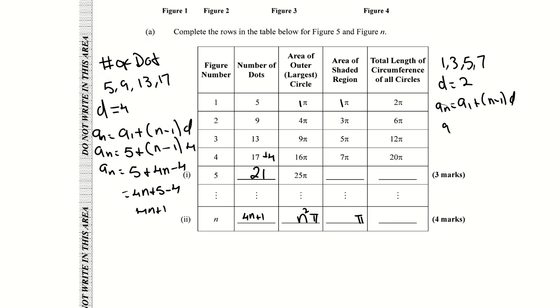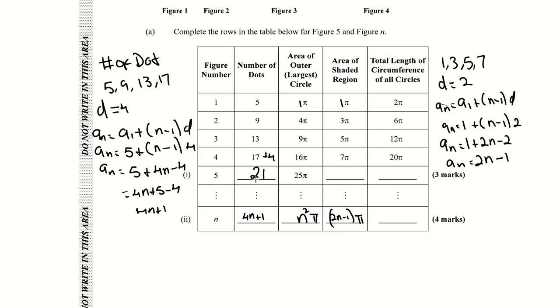So a_n is equal to a_1, which is your first term of 1, plus (n minus 1) times a common difference of 2. So a_n is going to be 1 plus 2n minus 2, so a_n is going to be 2n minus 1. So (2n minus 1) times pi, and that is going to be your answer for this.